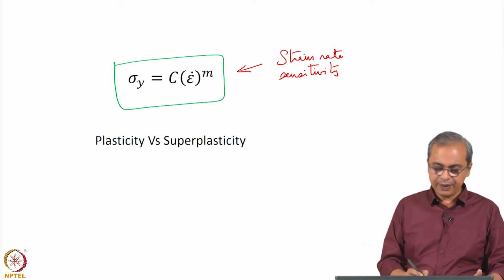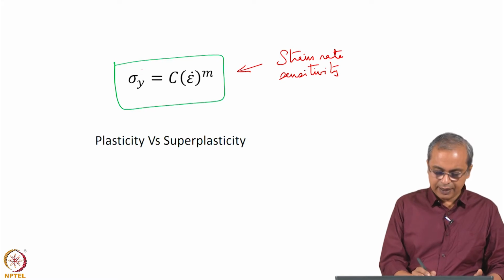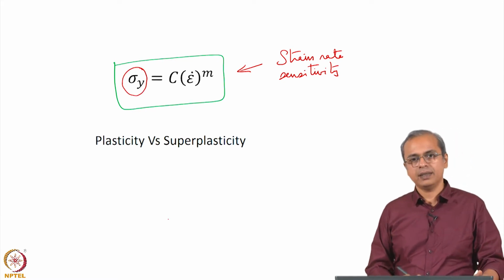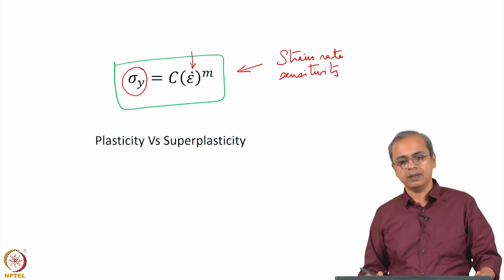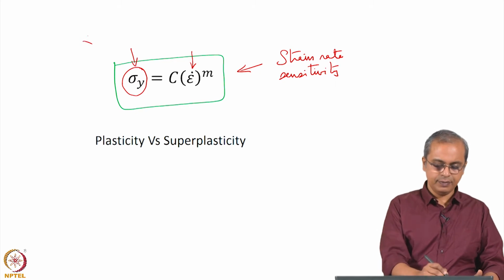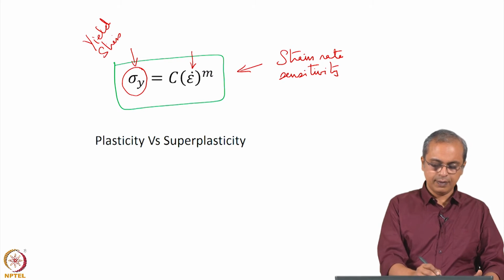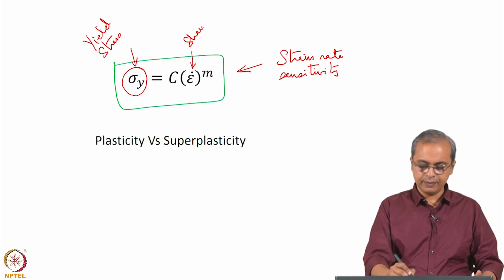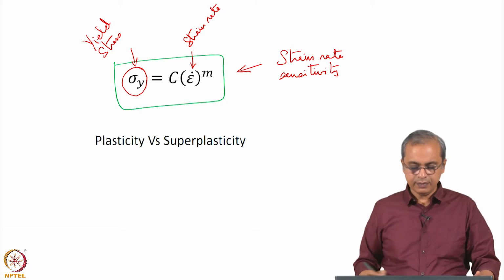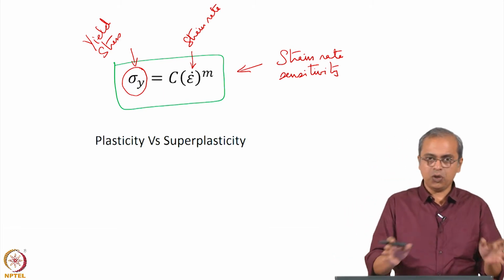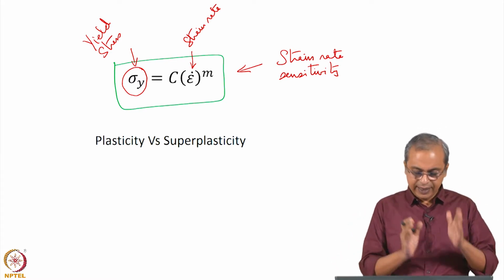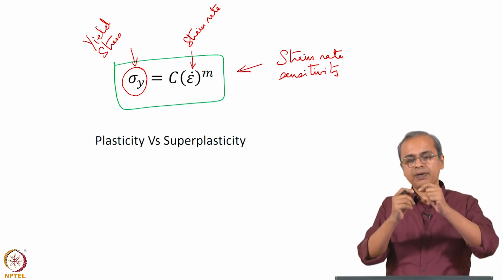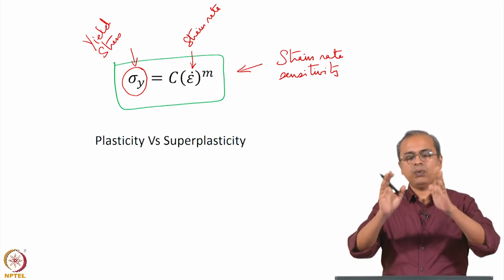So, what do we see here? We see here the yield stress, sigma y, and you have this strain rate here, right. So, this is yield stress, and this is strain rate. Written this way, it does not say anything about the formation of a neck or any such thing. It simply says that the yield stress, normally when we draw a stress strain curve, we only see one yield stress, right.